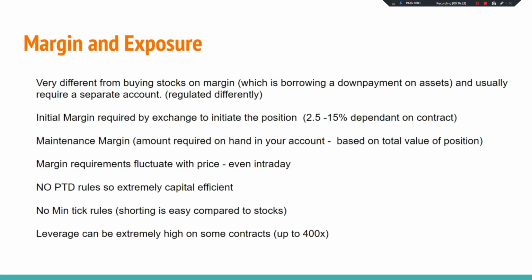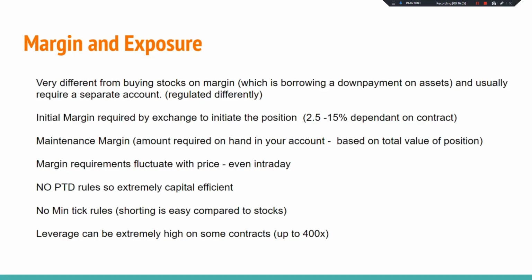There are two types of margin required to take a futures trade. First, initial margin. This is a fixed amount set by the exchange at settlement time for the next day.